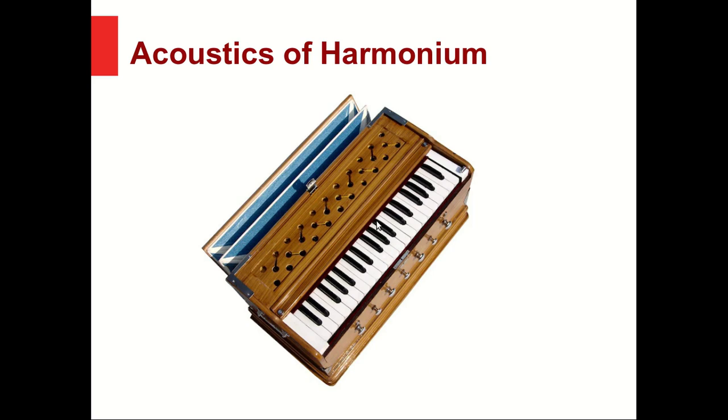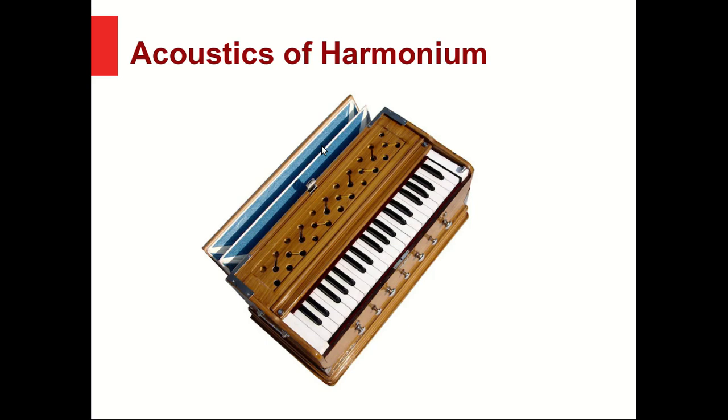So, what are the different parts of the harmonium that you can notice here? There are some keys. There is a flipped part here, which we call the bellows. And you have noticed that a player playing a harmonium moves the bellows while singing a song.